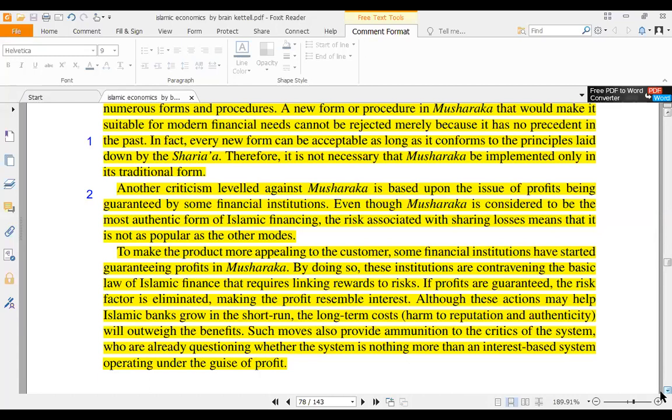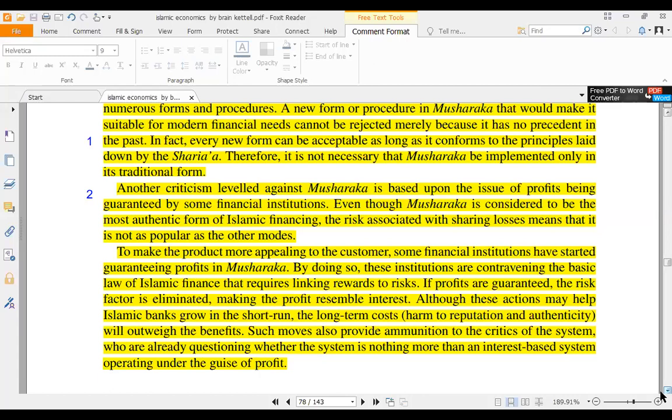Islamic scholars report that when financial institutions guarantee the profit in Musharaka, then these institutions are contradicting the basic principle of Islamic finance, which links rewards to the risk.